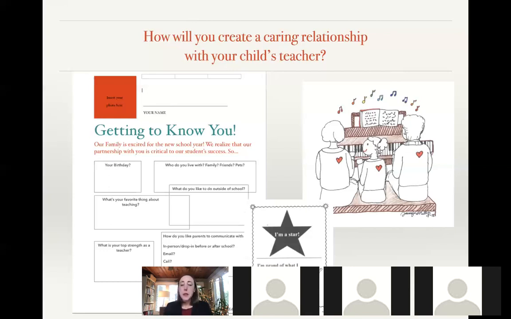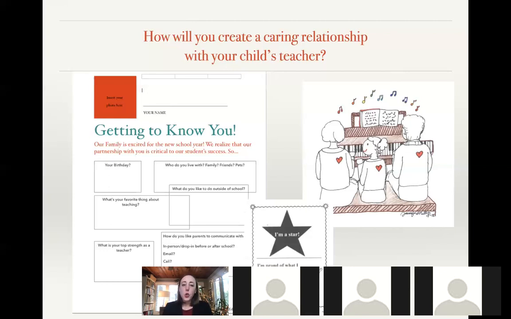Are they an email type of person? Are they a phone call type of person? Do they prefer a stop by? It's really important to know how they prefer to be communicated with, so that you can respect that and get in touch in ways that are appropriate.